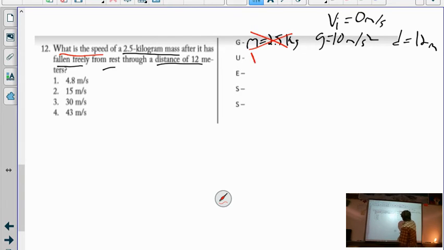What is the speed? That is our VF. Our equation we're going to use is VF squared equals VI squared plus 2AD.